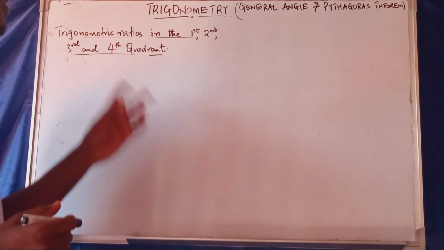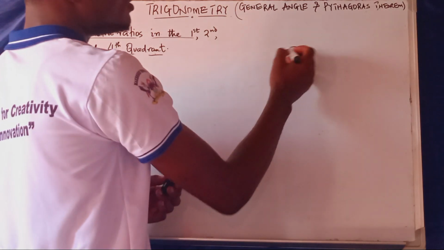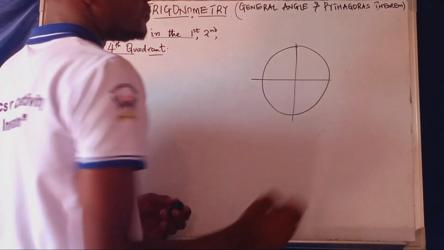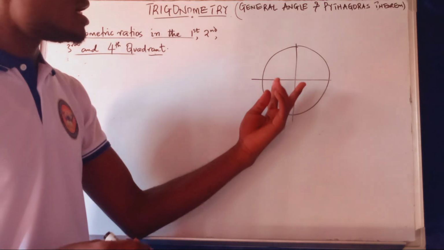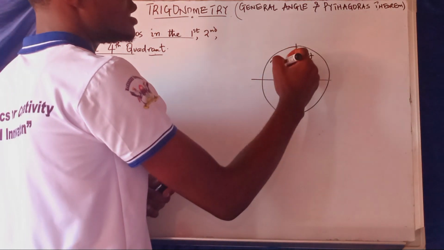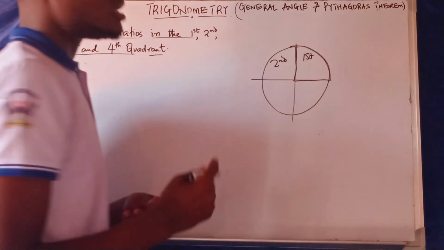So a quadrant, we know a quadrant is simply a quarter of a circle. So when I have a circle, I divide it into 4 parts. So I have, this is the first quadrant, the second. So this part here is what we call a quadrant, a quarter of a circle.